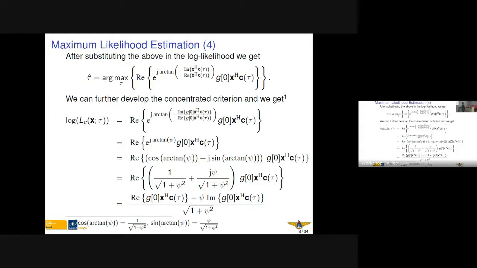So we start further developing the log likelihood, and this is what we call the concentrated criterion, so the likelihood concentrated.